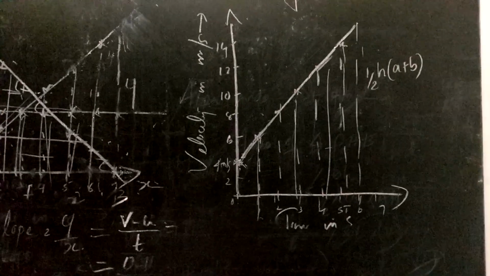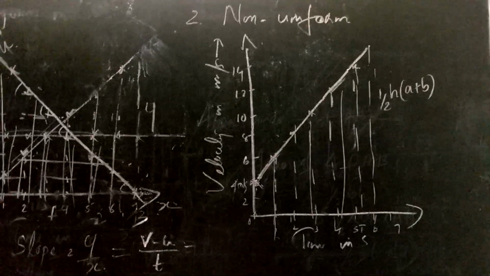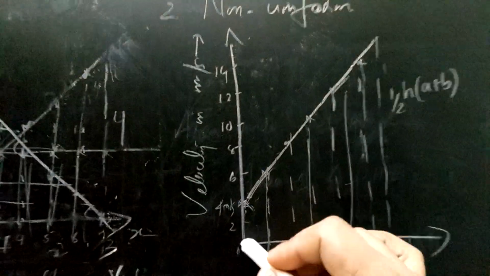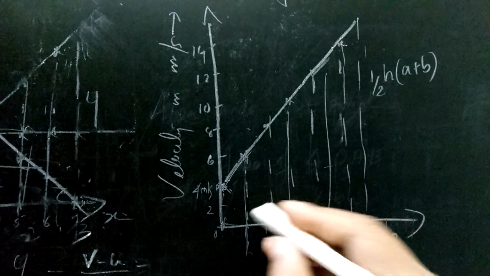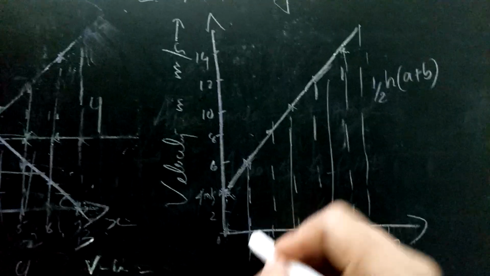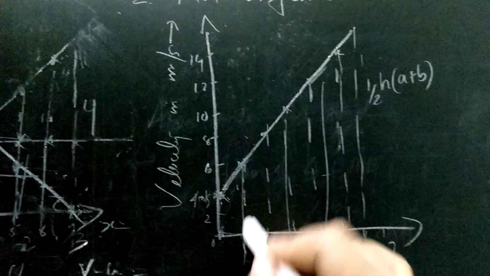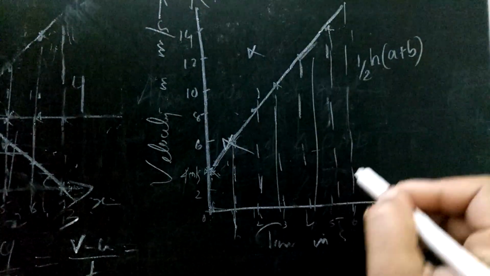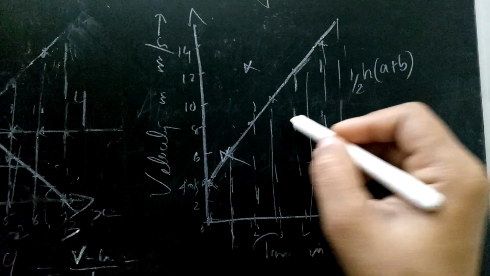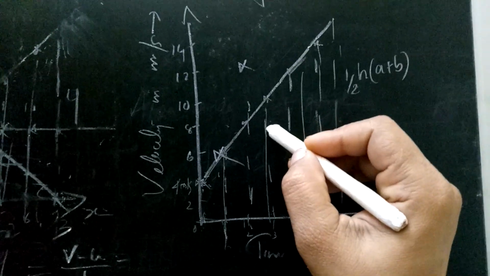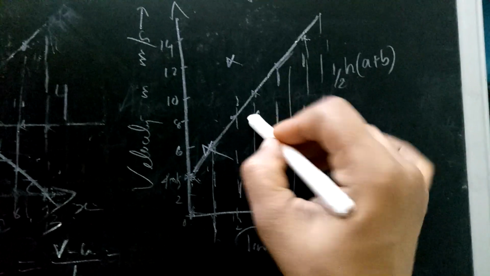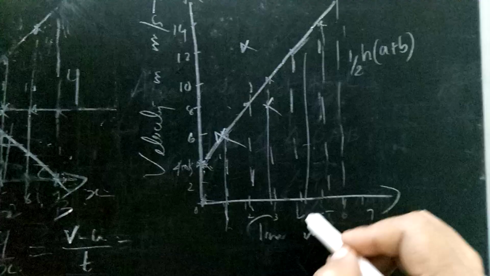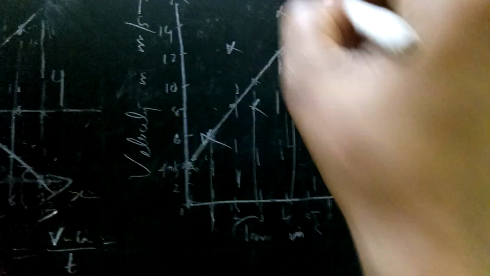Next one, as I told you, is simply non-uniform motion, which does not have any condition. Suppose an object starts from rest, and in the first second its velocity may be 6 meter per second, next 12 meter per second, then it may decrease in the third second to 8 meter per second, and then in the fourth second it may become 14 meter per second.